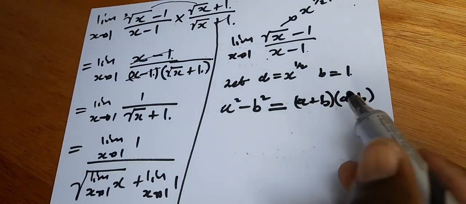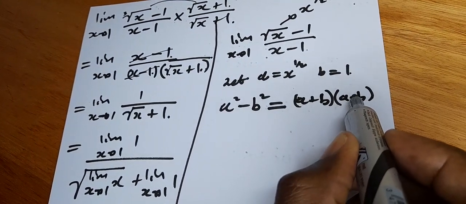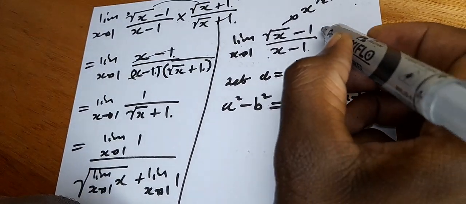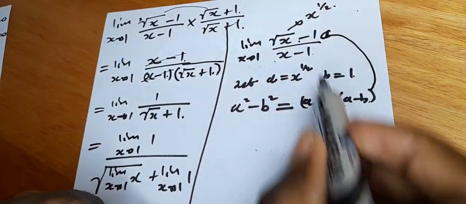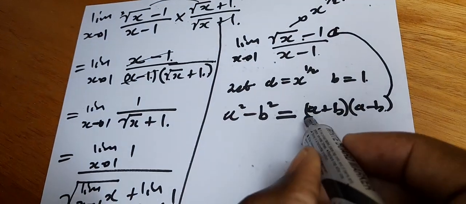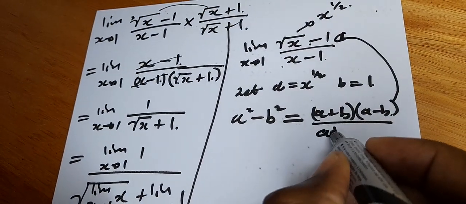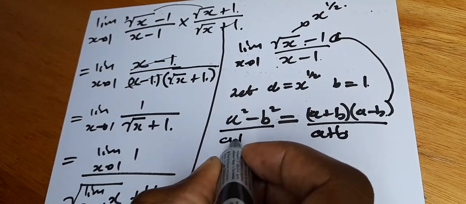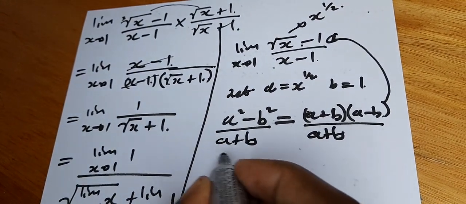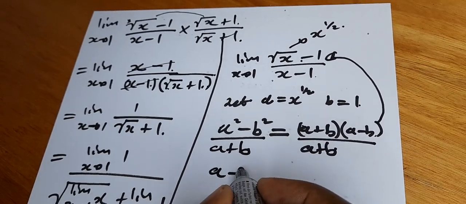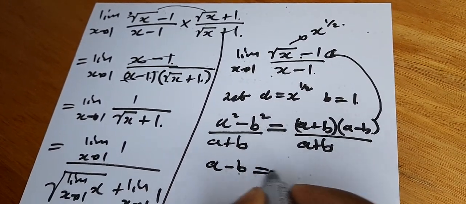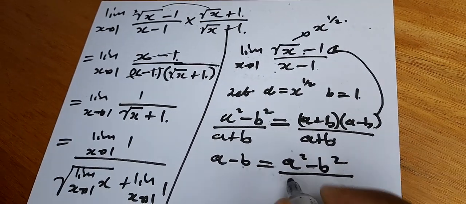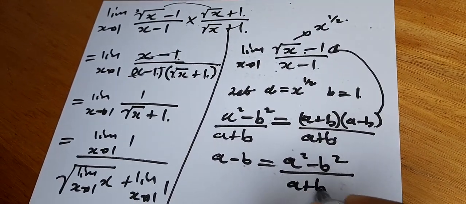Now if we can solve for a minus b, we can see where this will move us back to this part. We divide by a plus b, and here we divide by a plus b. Then a minus b is equal to a squared minus b squared all over a plus b.